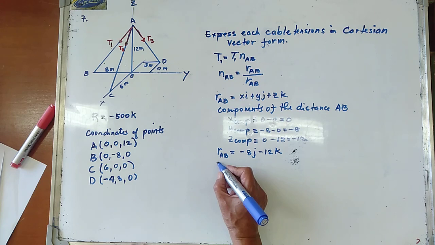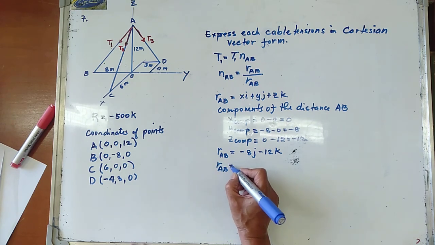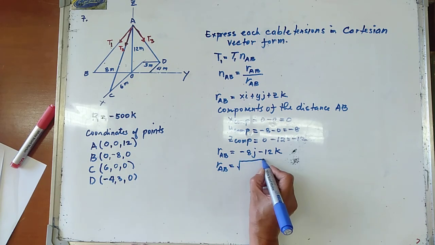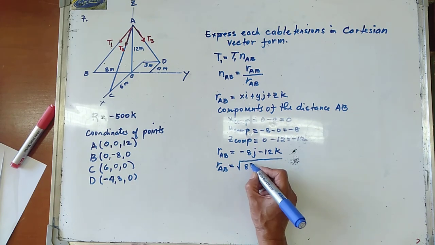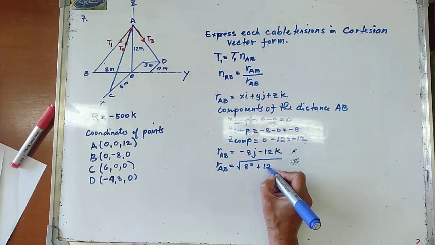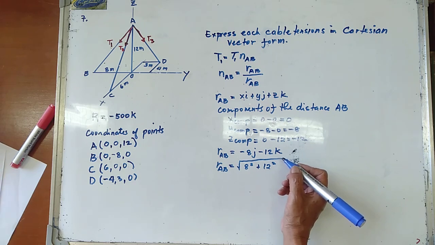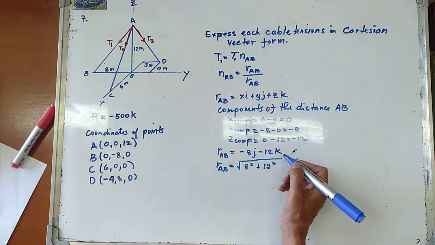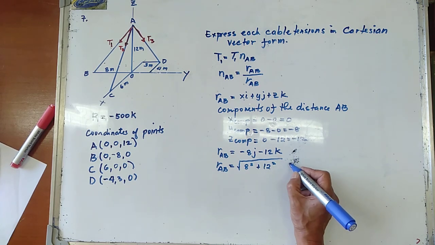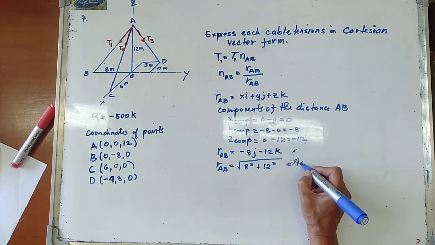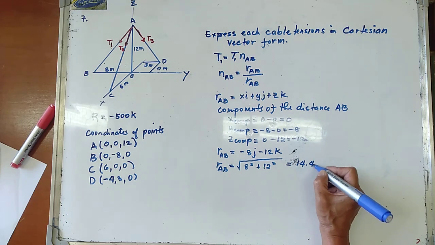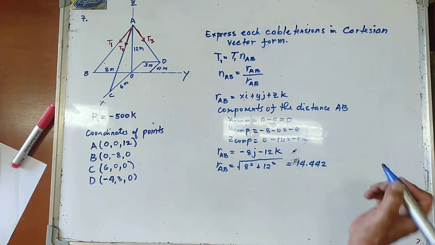The magnitude of this position vector is equal to the square root of 8 squared plus 12 squared, which is equal to 14.442.